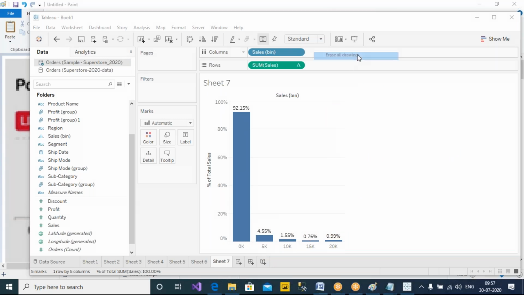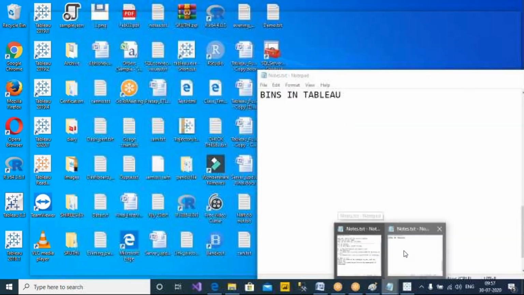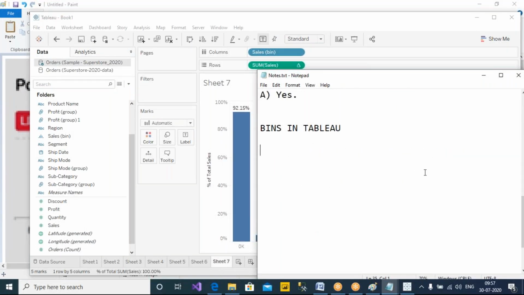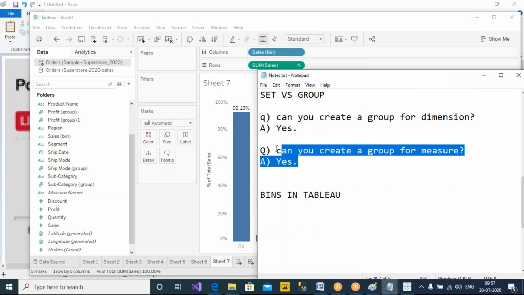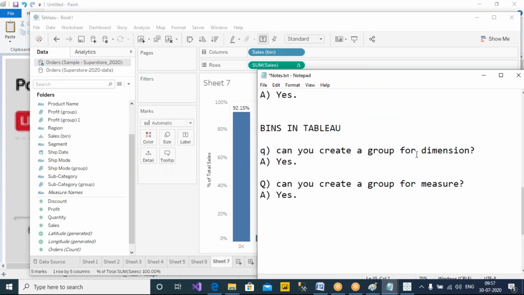Right? And one common question we get here is, let's take the combinations again. Can you create a bin for a dimension? Can you create a bin for a measure?